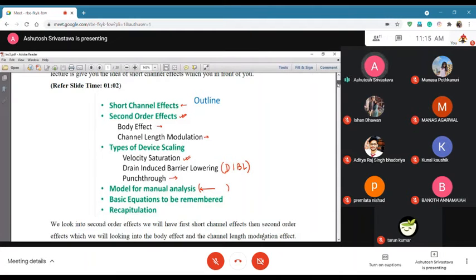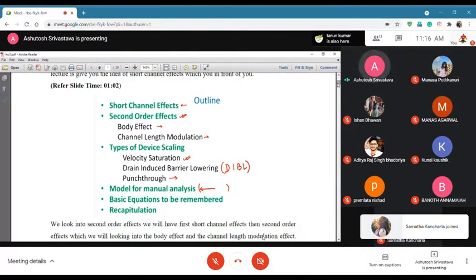We shall talk about some of the short channel effects in detail at a later stage. Then the second order effects. We just started with the body effect, which is essentially due to the biasing of the substrate. And the other type of second order effect is channel length modulation.